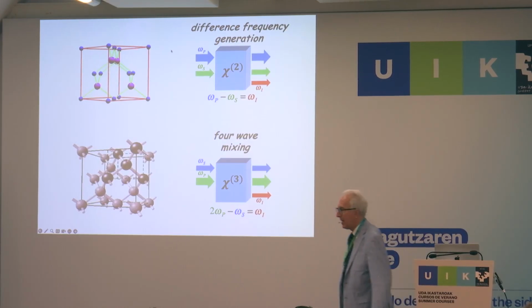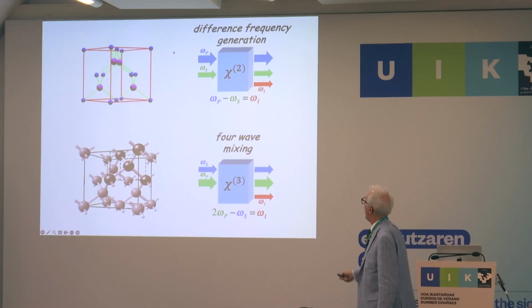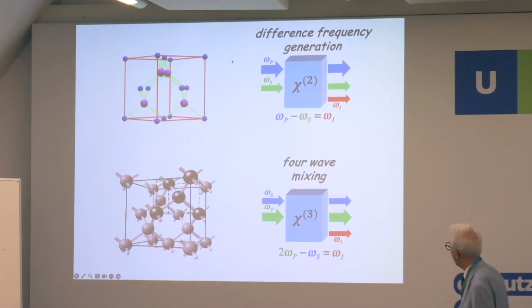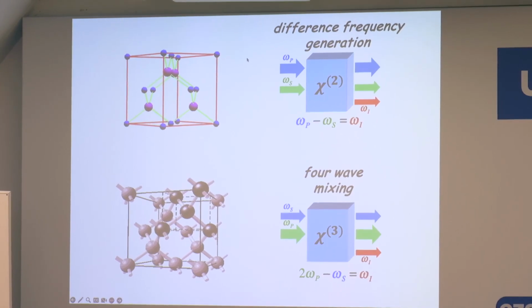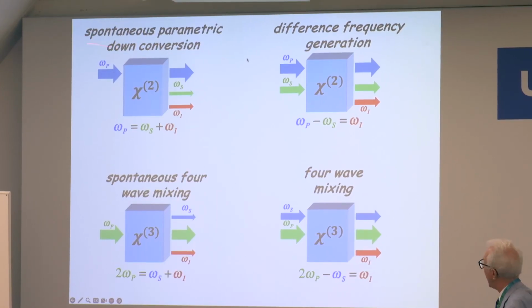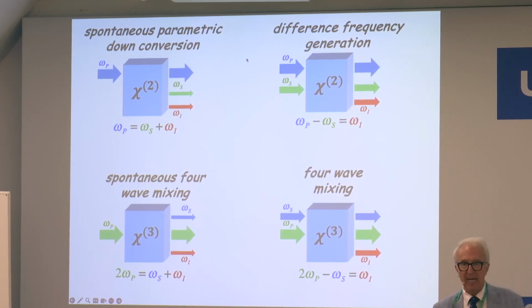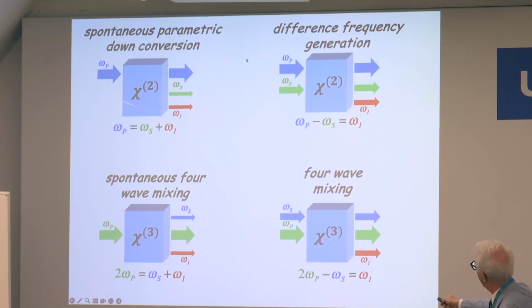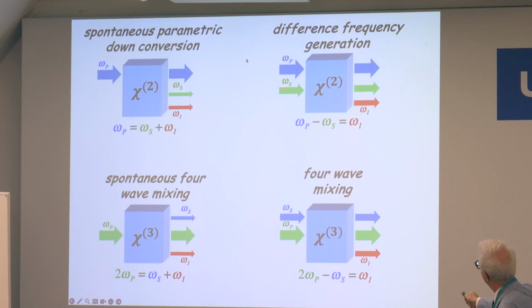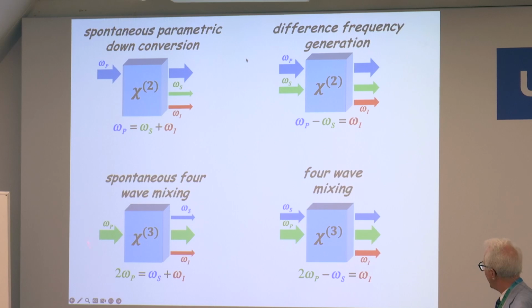For example, here are some classical processes we talked about: difference frequency generation and 4-wave mixing. The quantum analogs of these are called spontaneous parametric down conversion and spontaneous 4-wave mixing. Okay? And you can see what's going on here. This is exactly the same, except we're just putting the pump in. We're not putting in the seed. Okay? And likewise here, we're just putting the pump in. We're not putting in the seed.